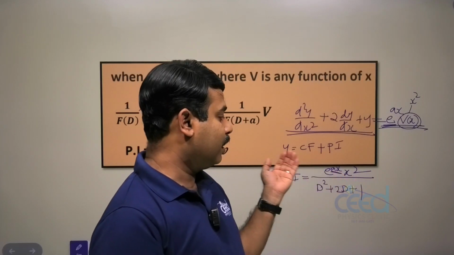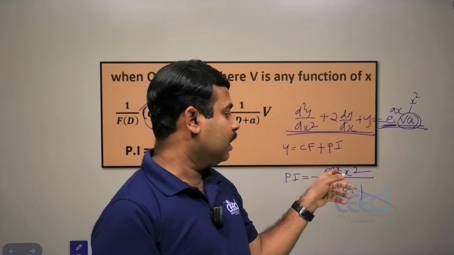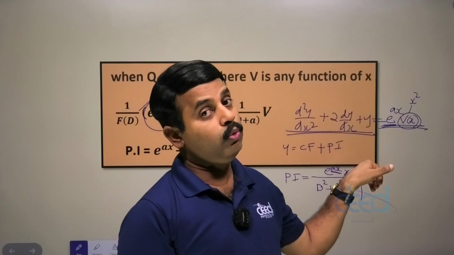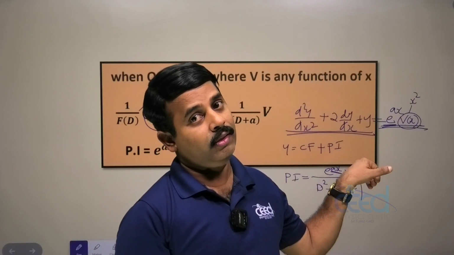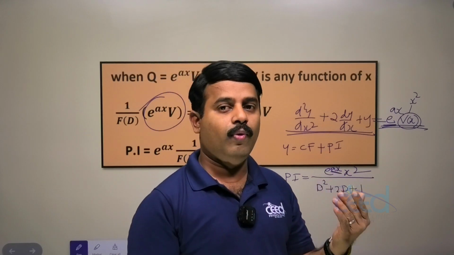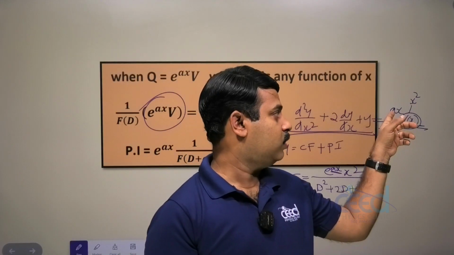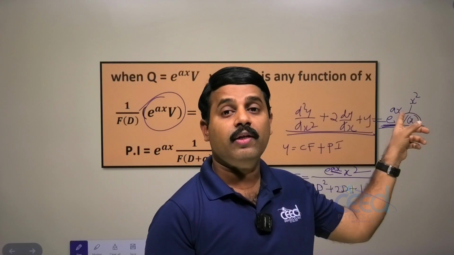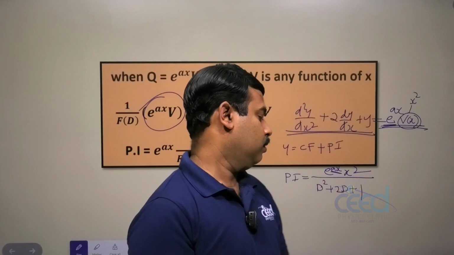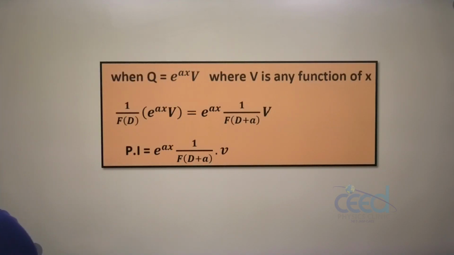Then you can take e raised to ax out. Once e raised to ax is out, you know how to do x raised to n after that, right? So let us go to one example first, then we come to how we solve it when e raised to ax is multiplied by some sin x or cos x. Alright, now let us see.